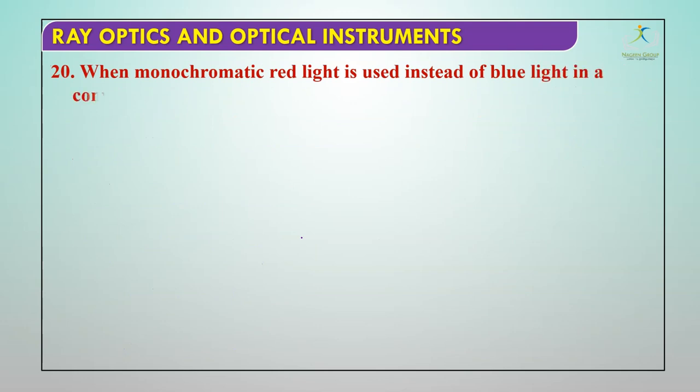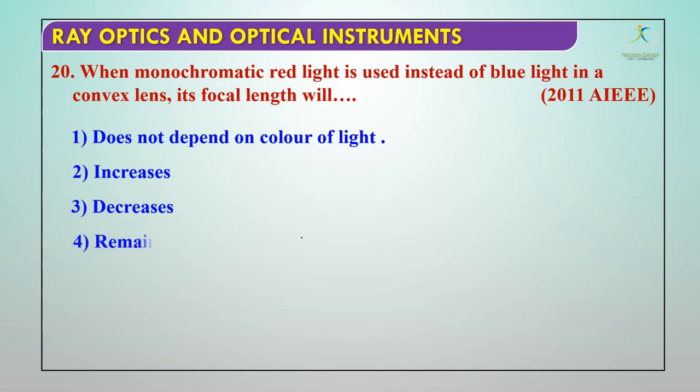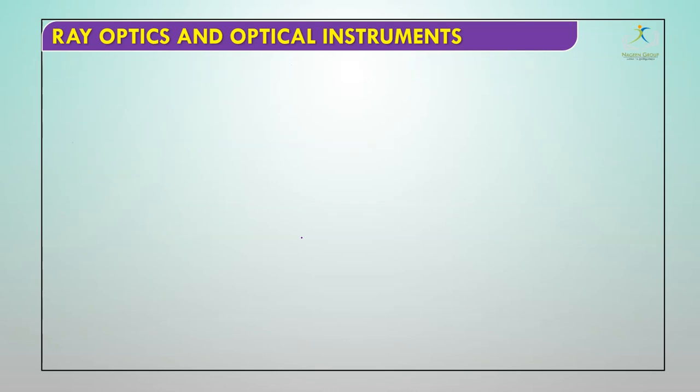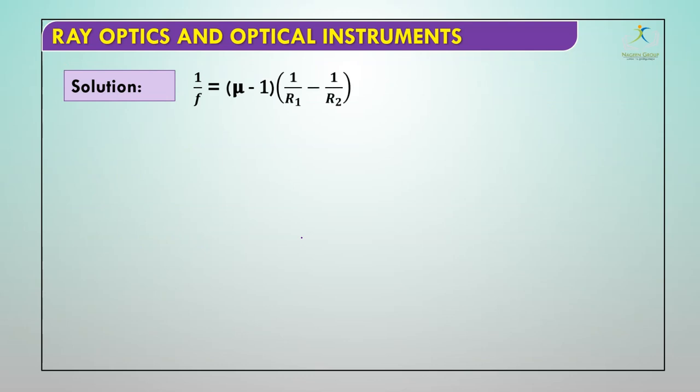Next question we have, when a monochromatic red light is used instead of a blue light in a convex lens, its focal length will: does not depend on the color of light, increase, decrease, remain same. So 1 by f is equals to (mu minus 1) times (1 by r1 minus 1 by r2).